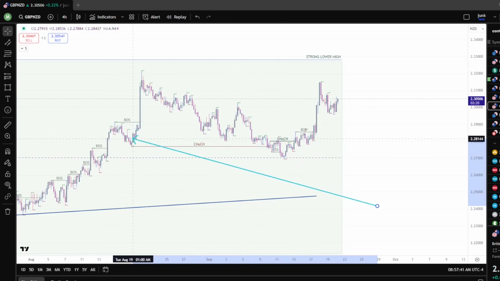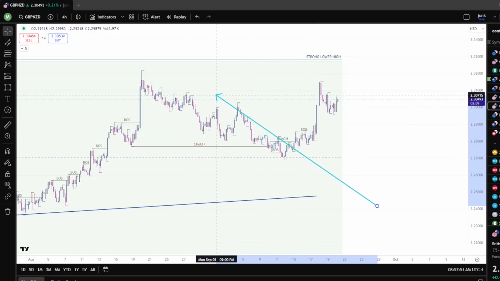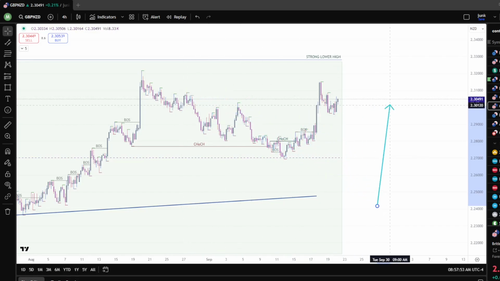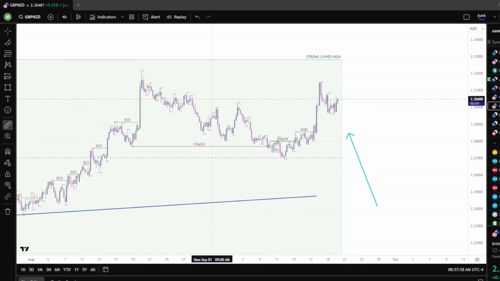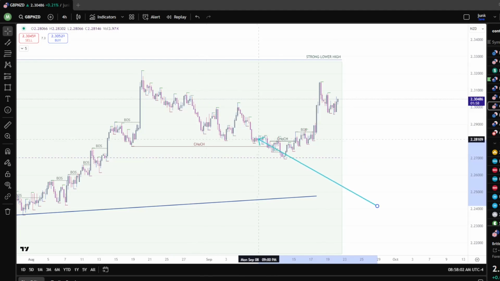Came back under this area of demand, but then, like I said, with fundamental New Zealand news, buyers started to push prices higher. Started to take out the liquidity sitting over these highs, take out the highs of this internal swing structure, and the overall internal structure, even pushing past some of these areas of supply that had pushed price down previously.